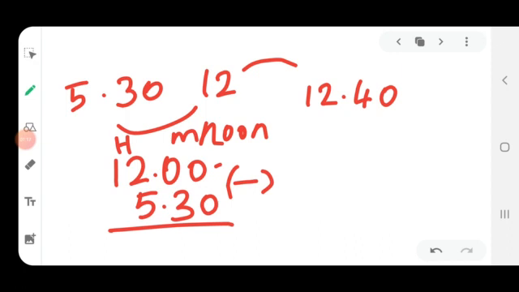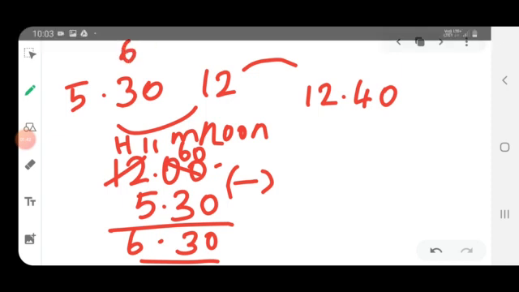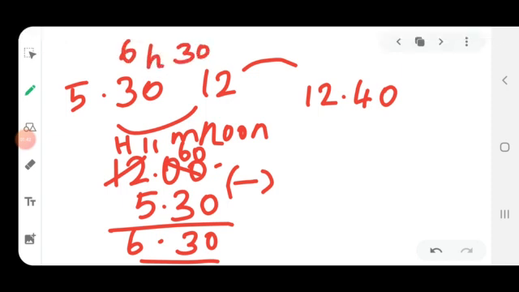If we borrow, it will be 60 minutes. Here the hour will be reduced by 1, so 11 hours 60 minutes. Now from 60 we subtract 30, so 30. 11 minus 5, 6. So from 5:30 am to 12 noon we have 6 hours and 30 minutes.